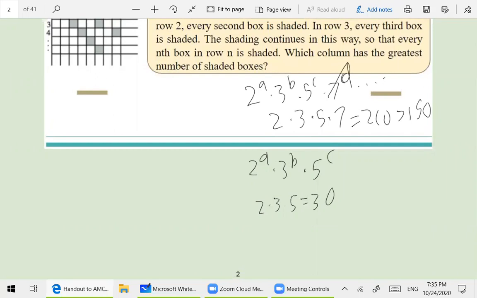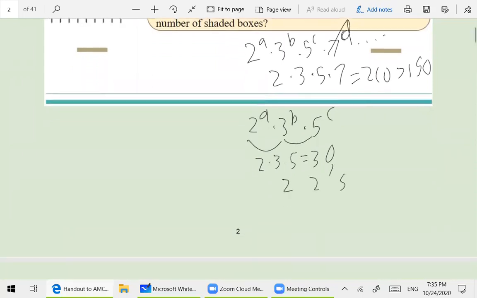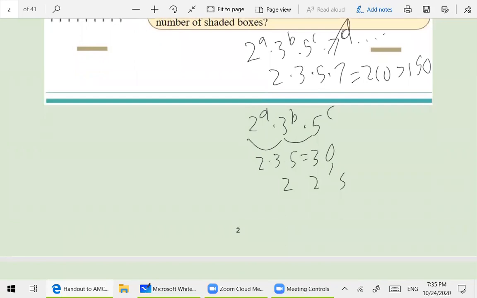And the most number of prime factors out of 2, 3, and 5 that we can add is two twos. So the number with the largest number of factors is 2 cubed times 3 times 5.